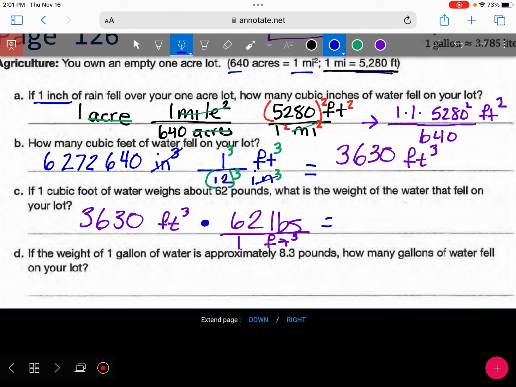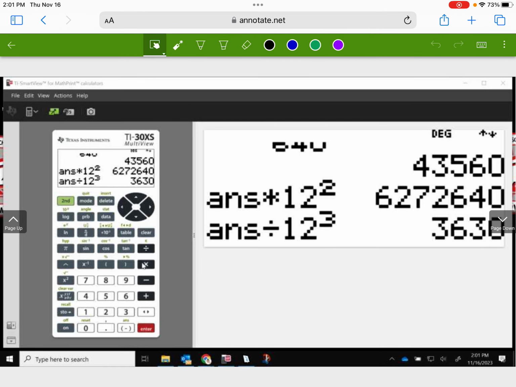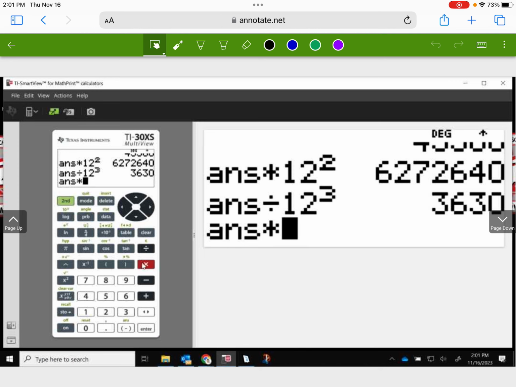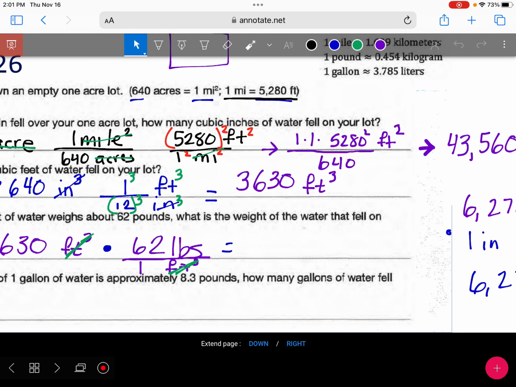The 3,630 feet and my 62 pounds, my feet cubed cancels out, and we're going to have times 62. 225,060 pounds.